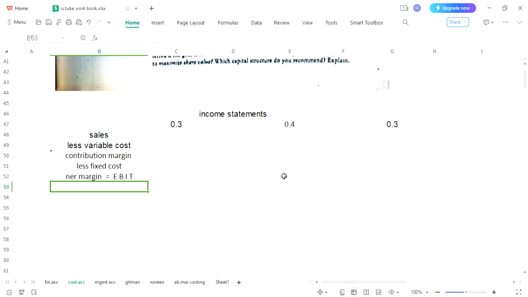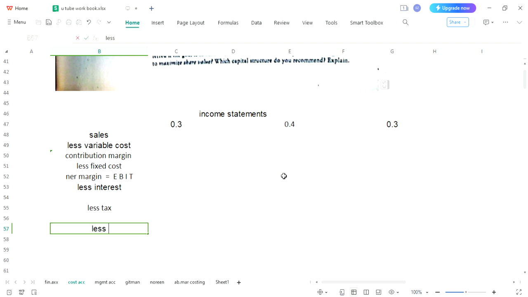When you have your EBIT, we will subtract the amount of interest, after which tax will be calculated, and finally we will subtract preferred dividend if it is present in the question.